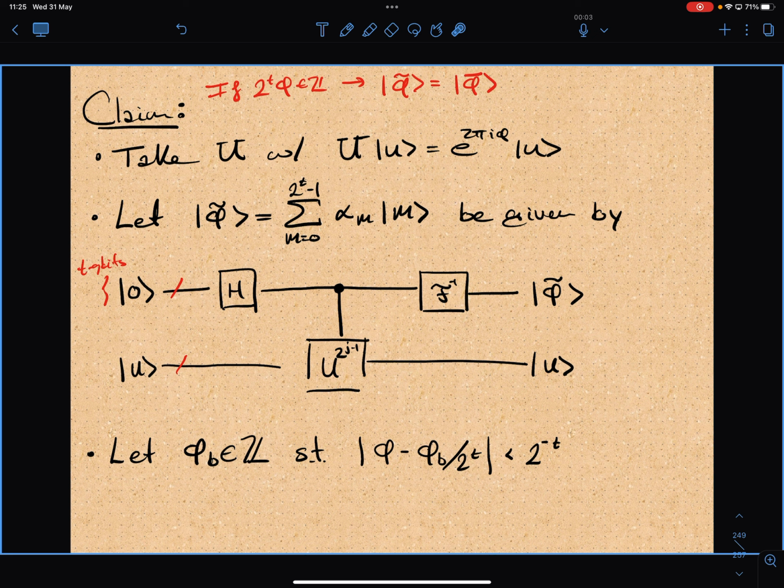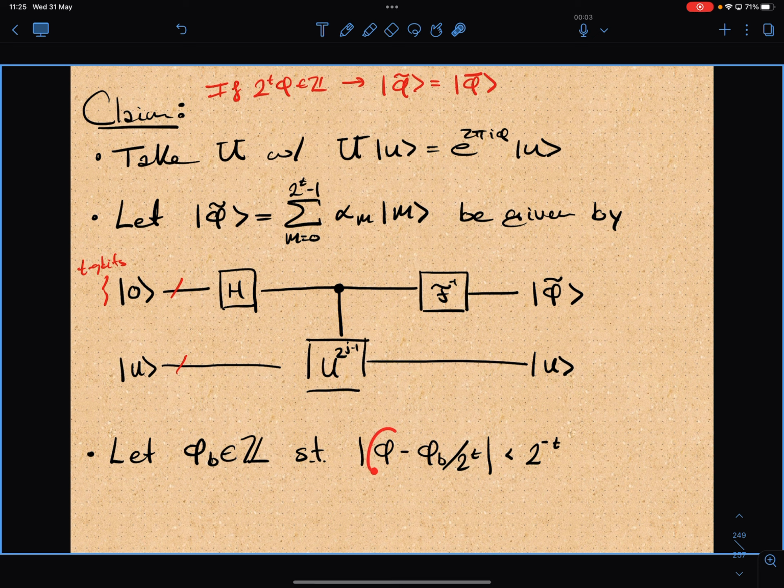And the probability is going to be concentrated around an approximation for phi. And this is what we want to quantify. So moreover, we're going to introduce this phi sub b, which is essentially the closest terminating expansion of phi that approximates the phase.